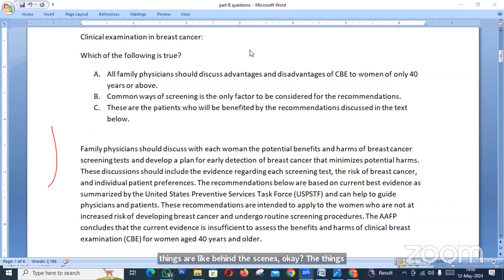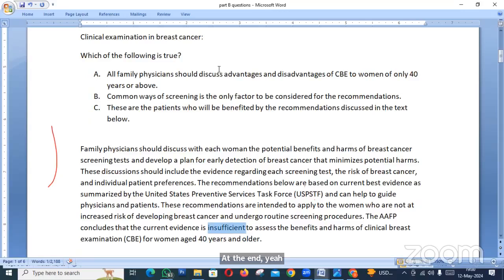In this I'm trying to trick you. Let me tell you, all family physicians should discuss advantage and disadvantage of CBE to women of, so women is given, all family physicians or family physicians is given. But they say current evidence is insufficient to assess benefits and harms.